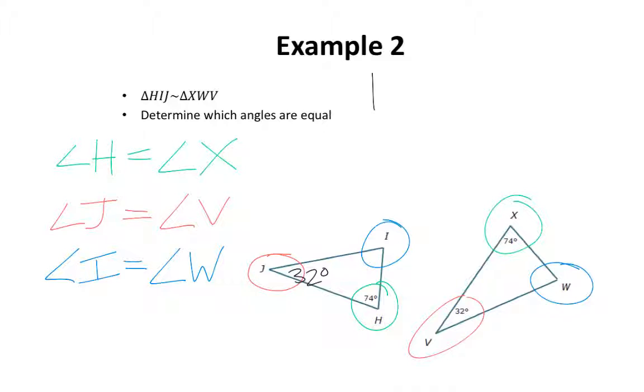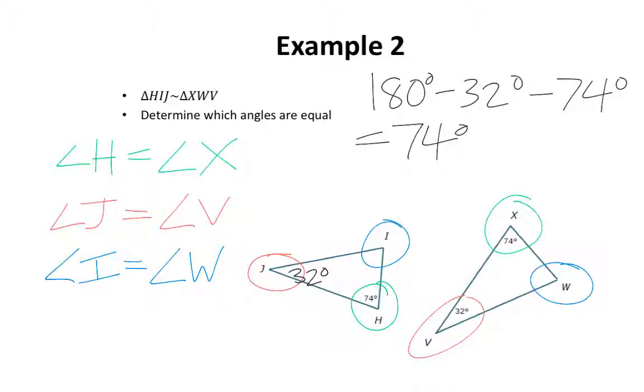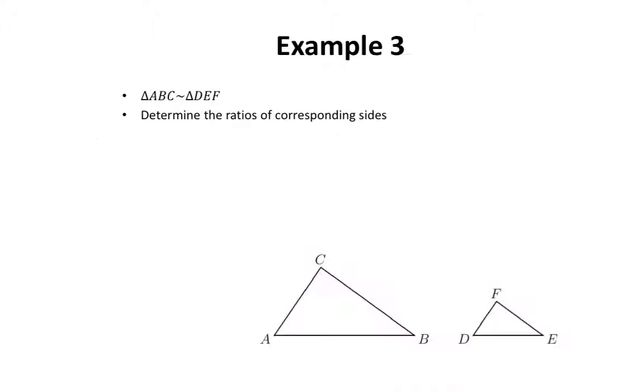So I'm going to take 180 degrees, I'm going to subtract 32, and I'm also going to subtract 74. When you punch that into your calculator, you should get an answer of 74 degrees, which means this third angle is 74 degrees. So if that angle is 74 degrees, that angle over here is also 74 degrees. And that looks pretty reasonable since the triangles look like isosceles triangles.